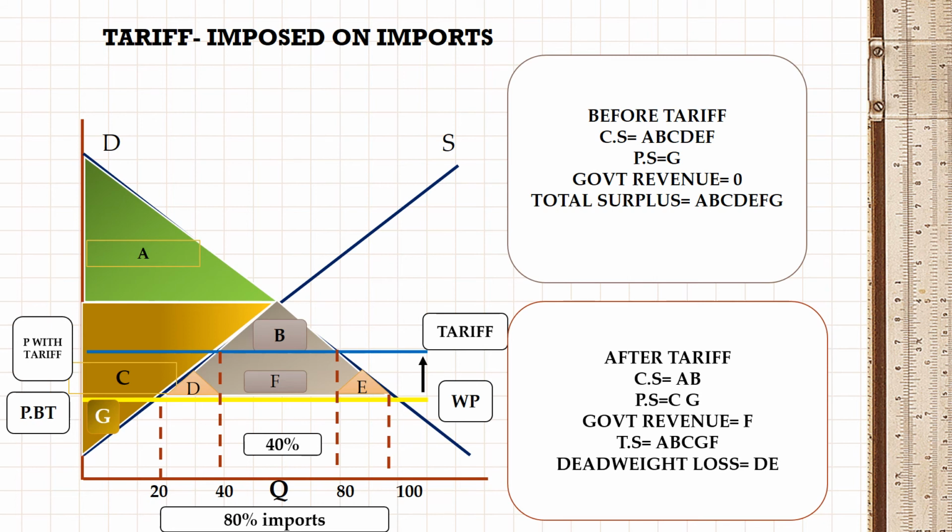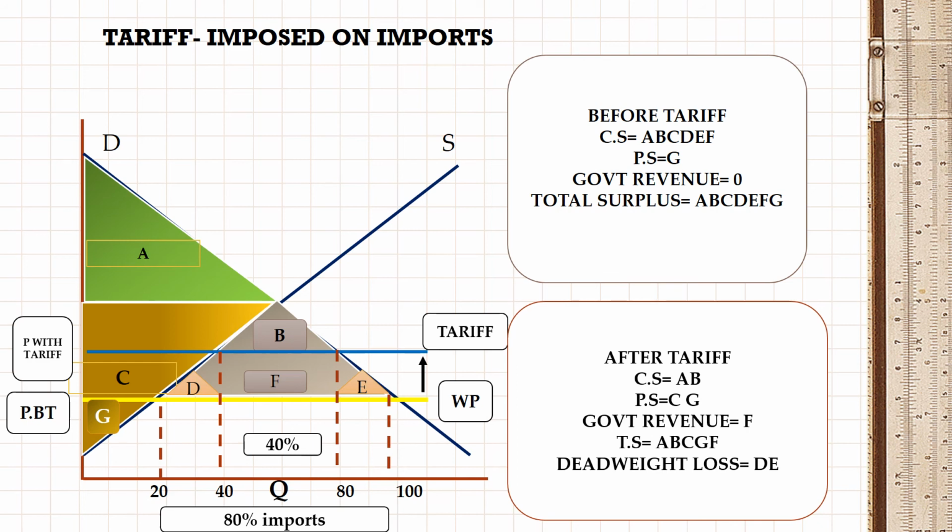Deadweight loss is the loss in economic efficiency due to government intervention. Government has intervened by imposing a tax, so you have lost D and E. Before tariff, D and E were in total surplus. Now, after tariff, they are not.